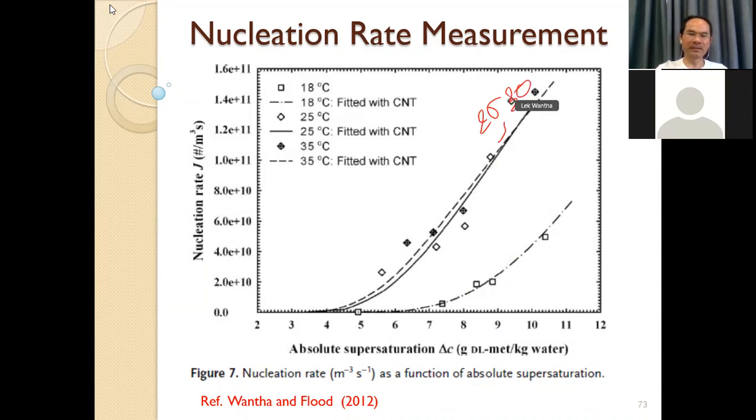At 25 and 30, the nucleation rates are close together, similar. But at the lower temperature of 18, it's lower than at the higher temperature. This shows the effect of temperature and the effect of concentration. At higher concentration, nucleation is higher. At higher temperature, nucleation is higher.